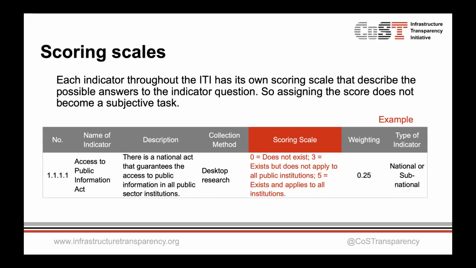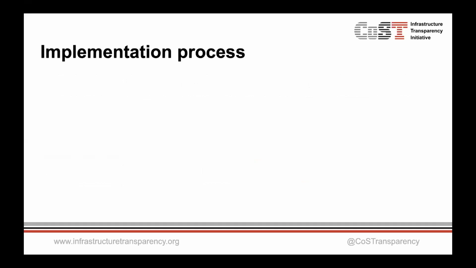The objective of that scoring scale is to try to reduce the subjectivity of the evaluation team while assigning a score to the information that they are being able to see while they're conducting the evaluation. Besides these scoring scales, there are other methods that the index uses to try to maintain objectivity and quality during the process and on the information that it provides.